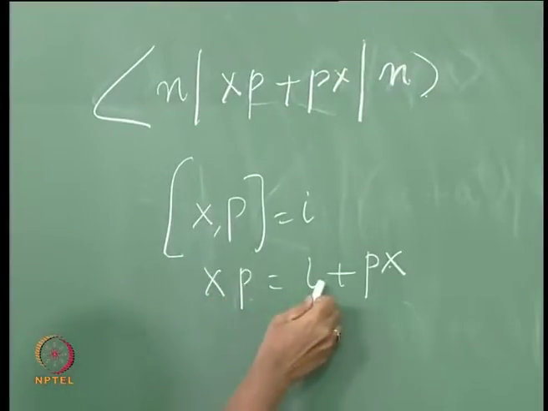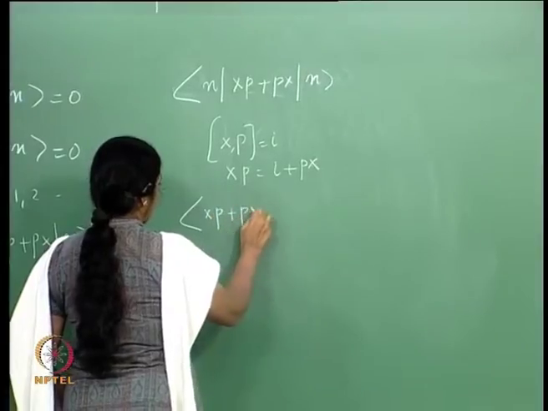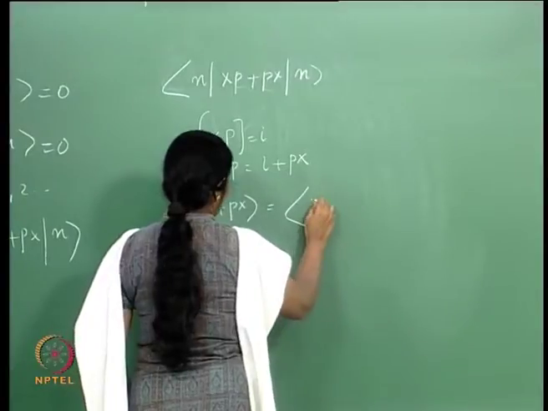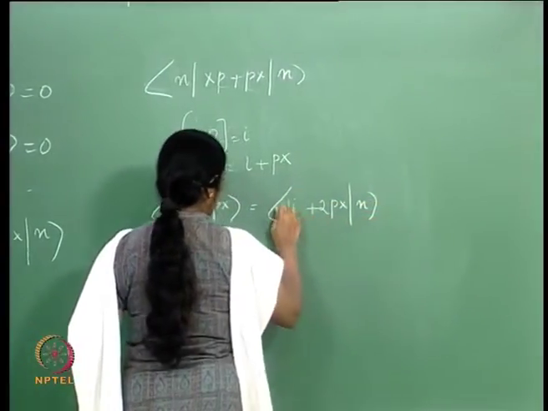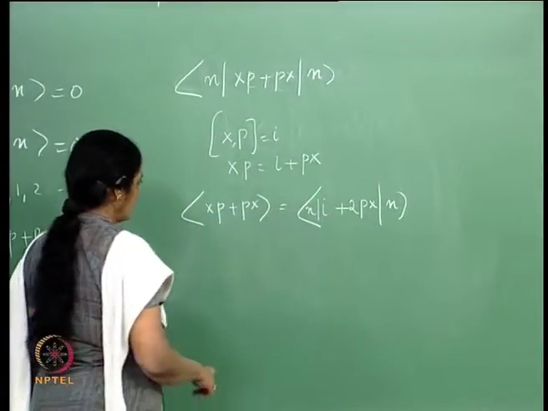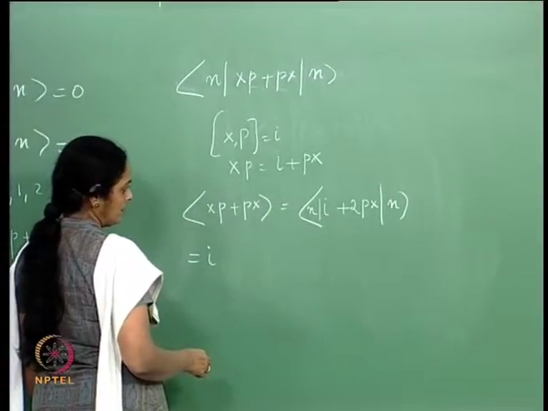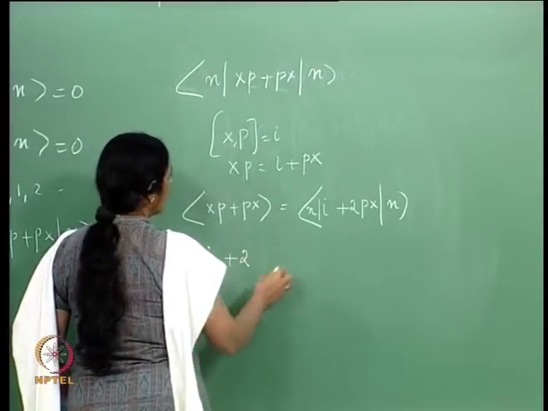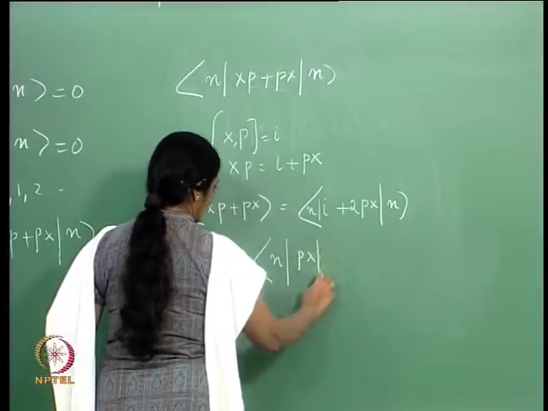So, xp is simply i plus px, and therefore, I can write this as i plus 2 px, and I want the expectation value in the state n. The first term simply gives me i. The second term is really this.